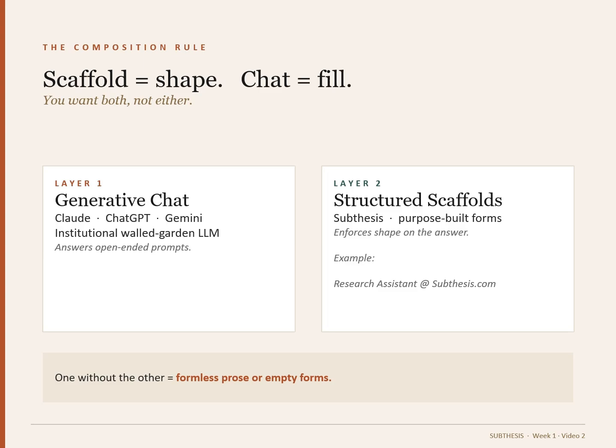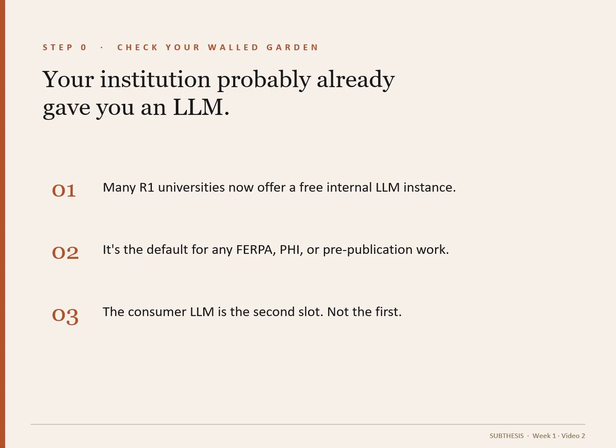First, let us walk the layer 1 tools, because that is where everyone starts. Before we name a single consumer tool, I want you to do step 0. Step 0 is check your institution. Your next move is not to open ChatGPT.